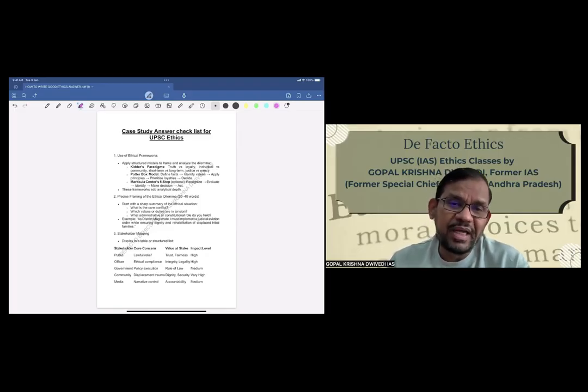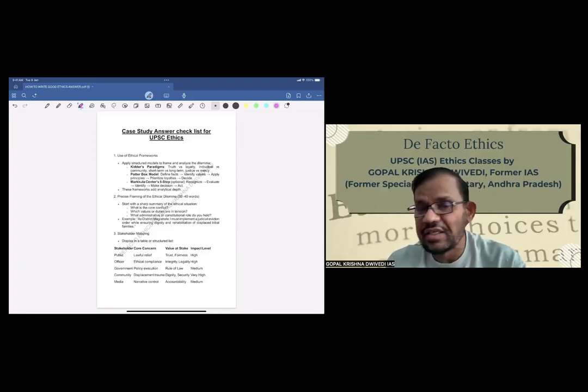Only a few may be applicable, depending on the nature of the case study and the questions asked. So don't think that you have to write everything. It depends on what question is asked, and accordingly, which good features you should have in the answer, whether it is a case study or a theoretical question.